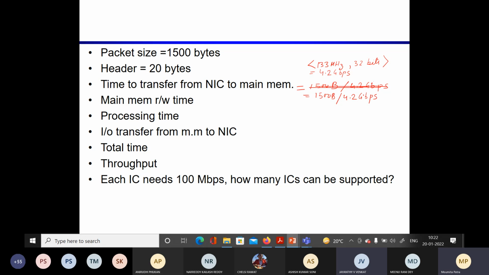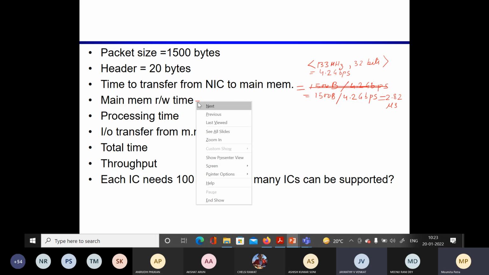What is this value? 2.82 milliseconds. Okay, microseconds. 2.82 microseconds. Great.